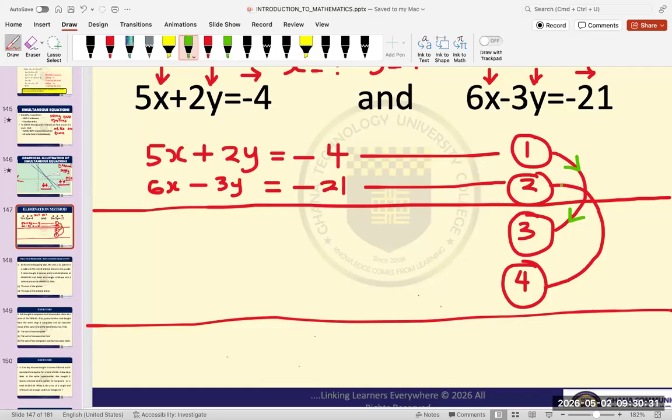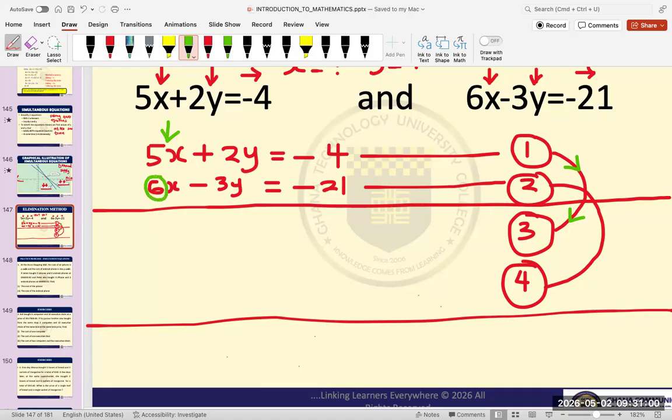Okay. So question, how do you change equation 1 for it to become equation 3? You stand on equation 1 like this. And then you look down. When you look down of equation 1, you are seeing the number 6 here.